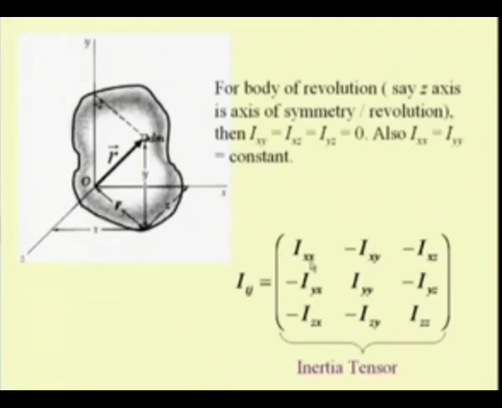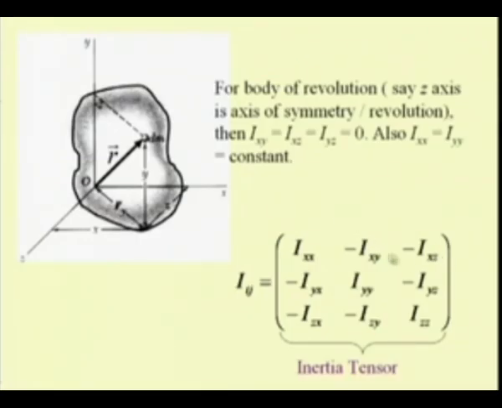We have Ixx, Iyy and Izz, the second moments with respect to the axes x, y and z, and the product of inertia terms Ixy, Ixz and Iyz, and this matrix is symmetrical about the diagonal. So, we have the Iyx, Izx and Izy terms in the lower triangle, which are the same as the upper triangle of this matrix.